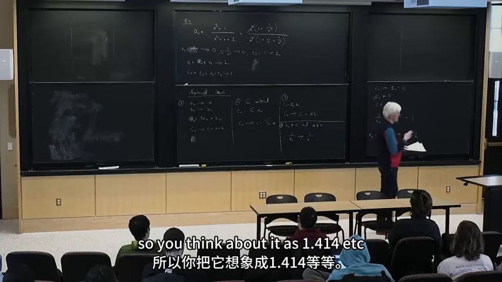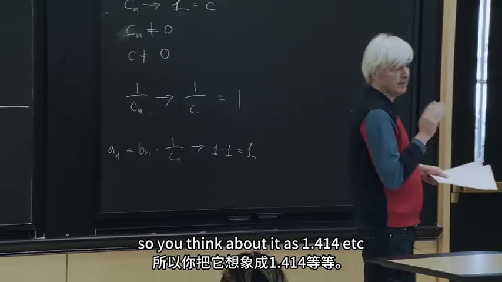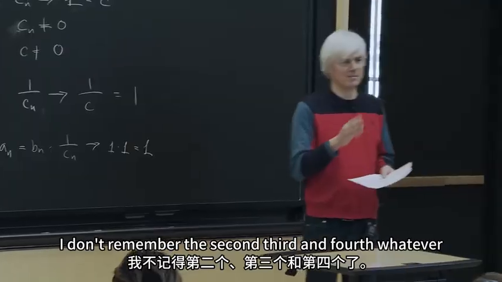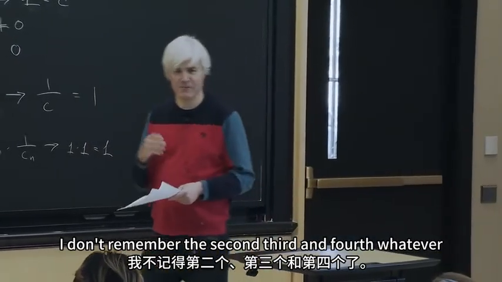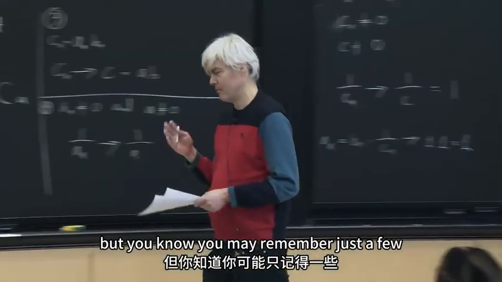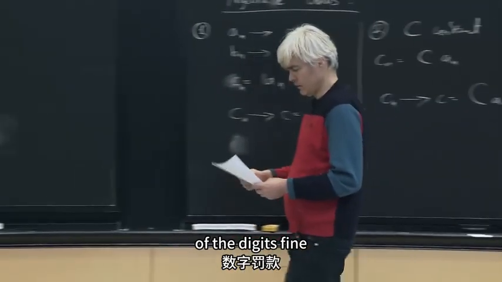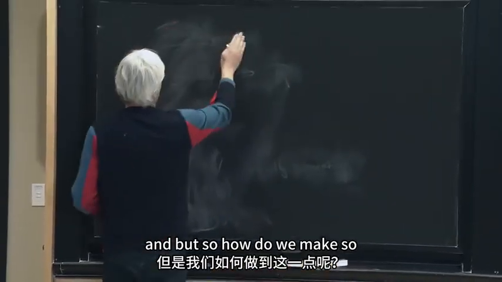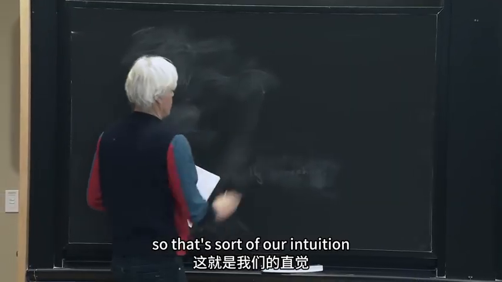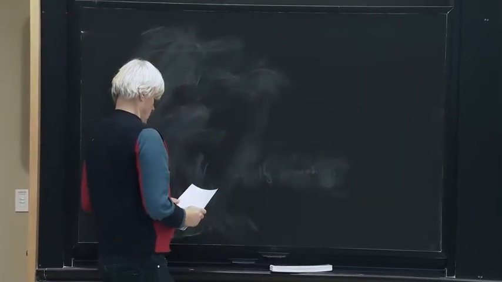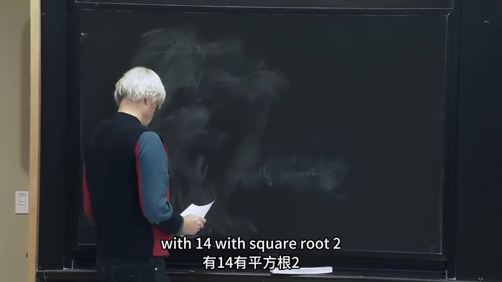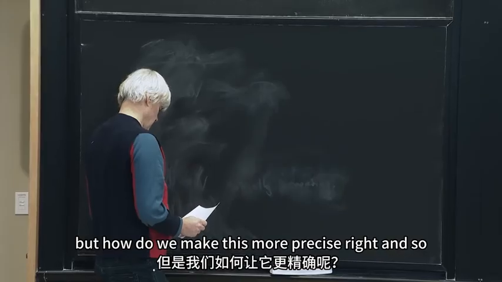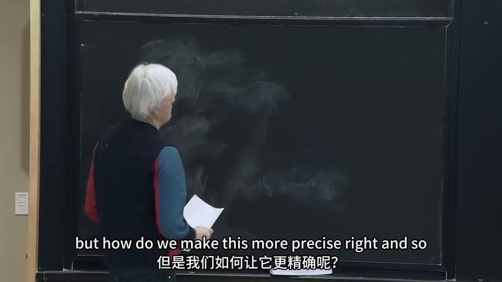So you think about it as 1.414, etc. You may remember just a few of the digits. That's our intuition with square root of 2. But how do we make this more precise?